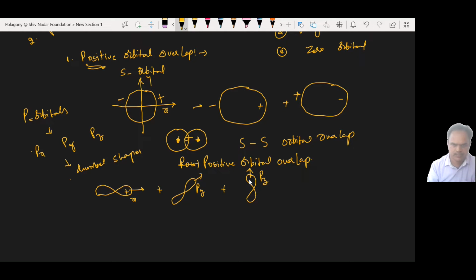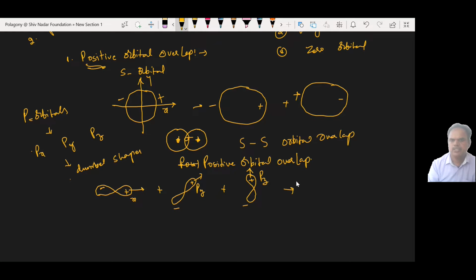This lobe is positive and this is negative, so the probability of finding the electron is taken as positive, and the other lobe as negative.